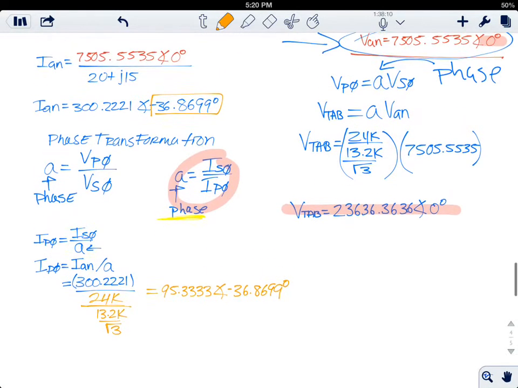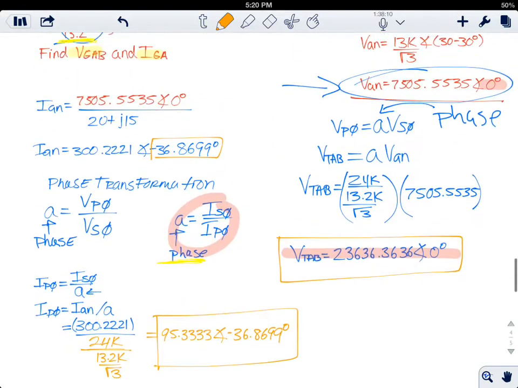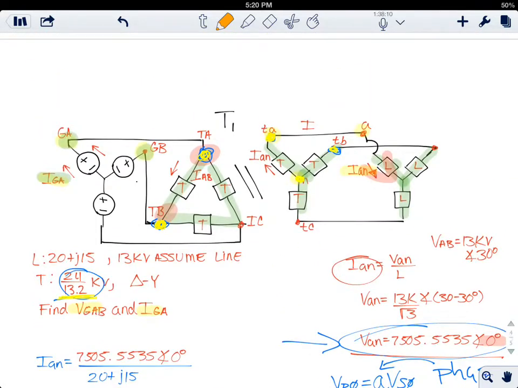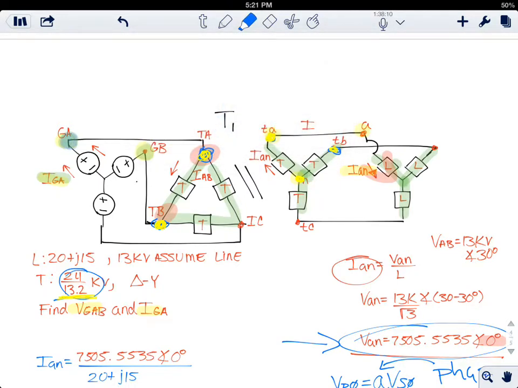Okay, so we have the voltage at the primary, and now we have the current at the primary. But we want the voltage from the source, the line voltage at the source.